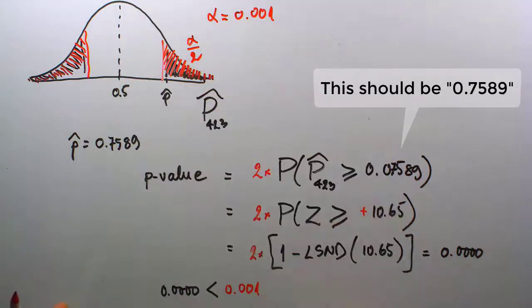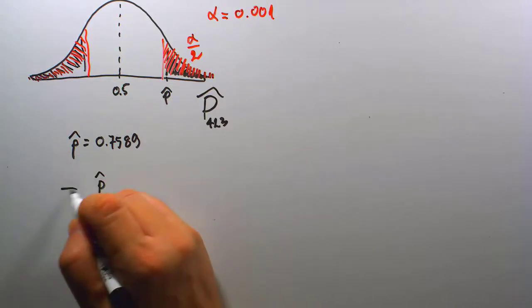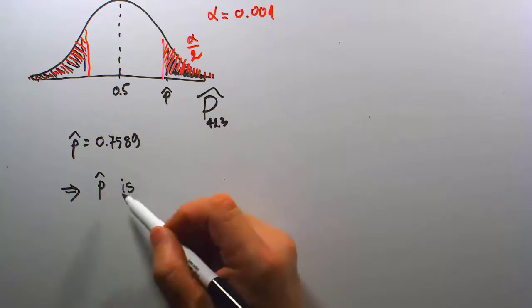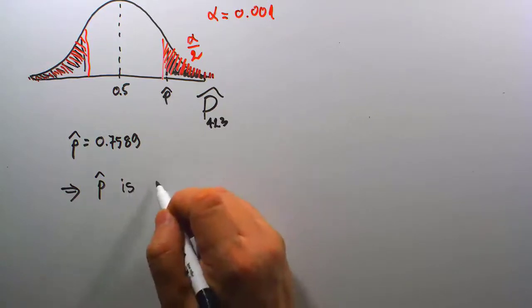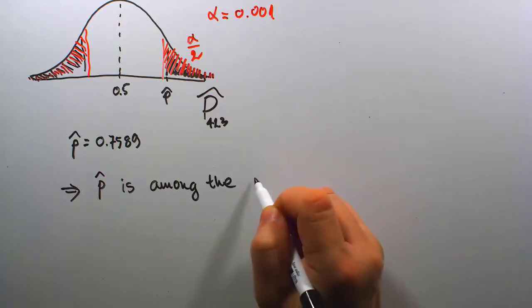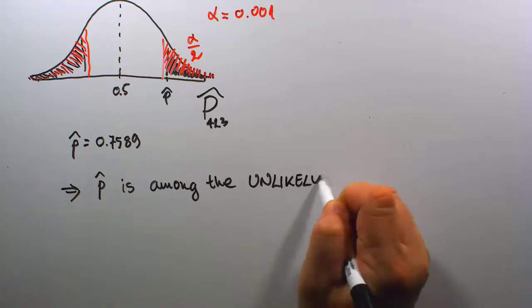And that's why it's now enough to say, now we are ready for the conclusion. P hat is generally among the unlikely values.